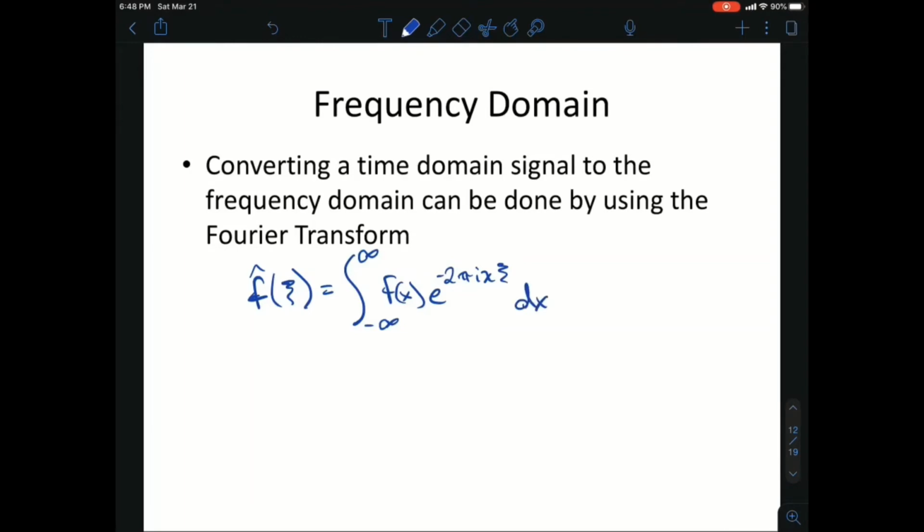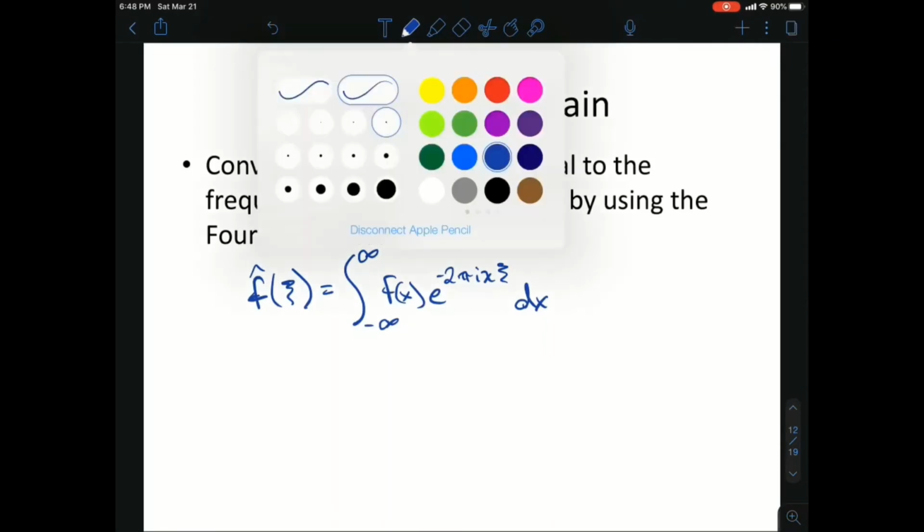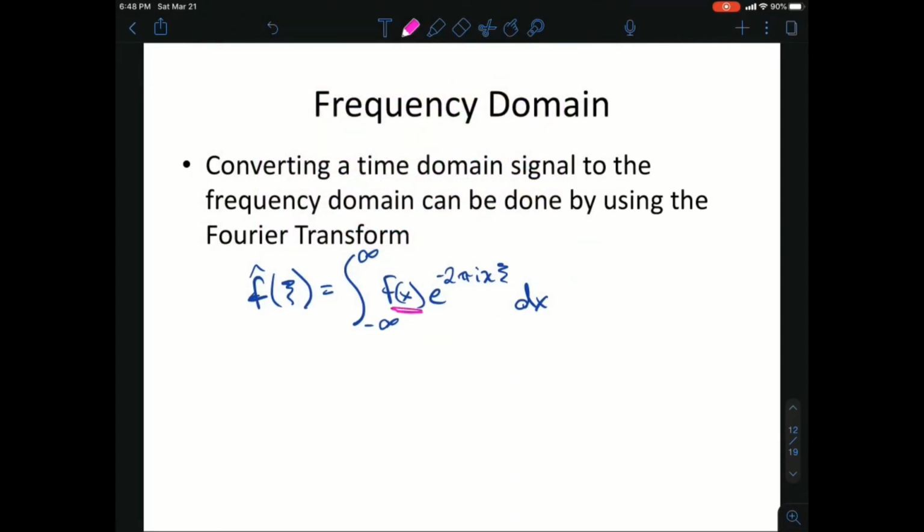By conducting this integral, we're going to be able to figure out the Fourier transform of whatever our original signal is here. Now, I understand it's an integral with complex values, but we're never going to do this.